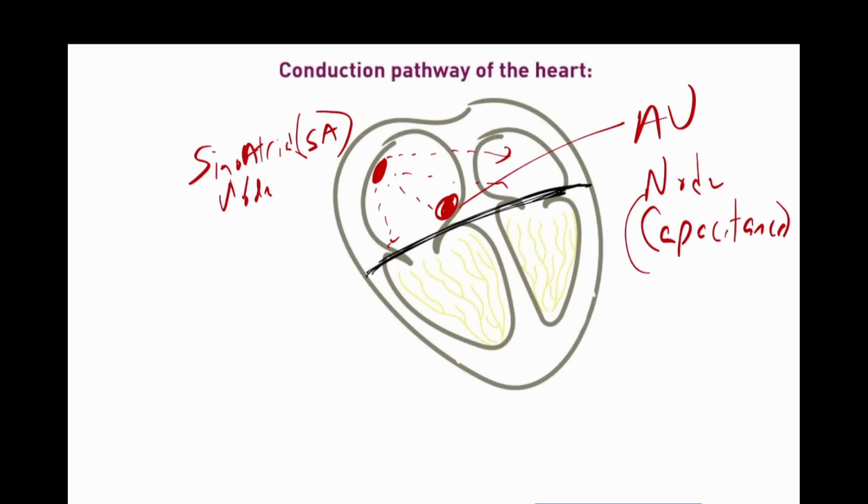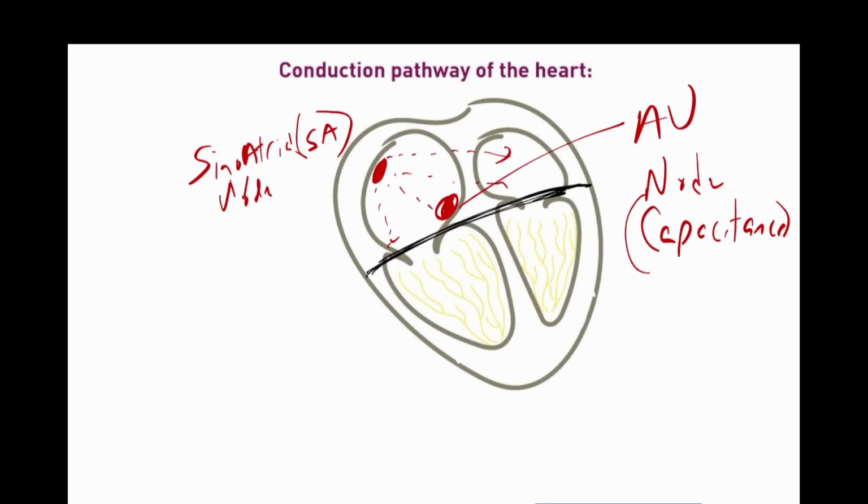The AV node, waiting a little bit before it sends the signal down, allows one very important thing to happen to the ventricles. It allows the ventricles time to fill with blood. If the impulse went from the atria to the bottom instantaneously, the whole heart would squeeze at one time, you would have one heart sound, but no blood would go anywhere.